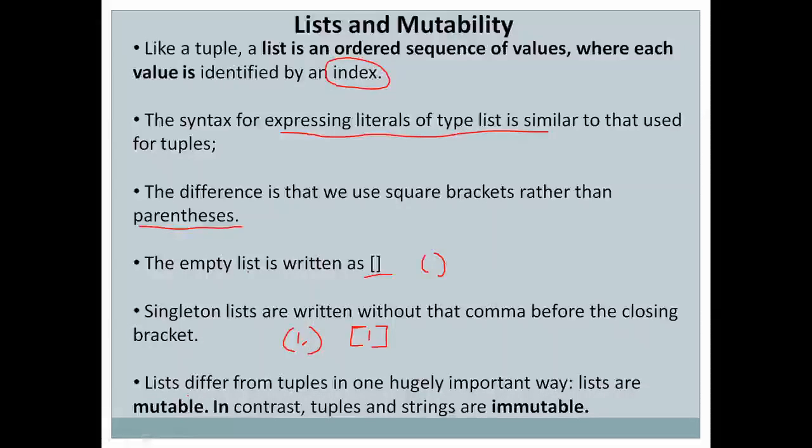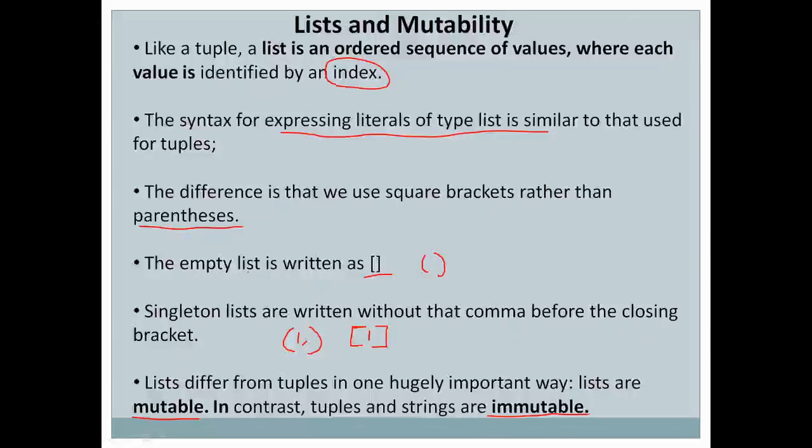Now a list differs from a tuple in one hugely important way, that is, lists are mutable, whereas tuples or even strings are immutable. What does it mean, mutable and immutable?